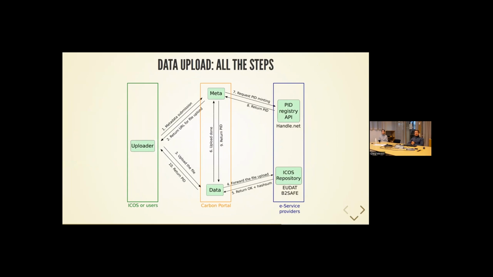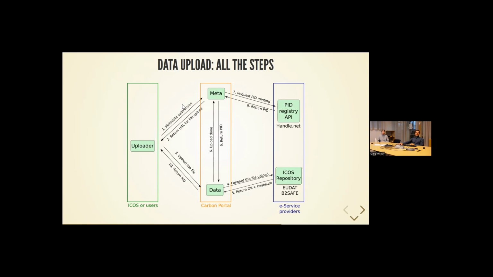Then one important collaboration activity within ICOS Cities that we anticipate is data upload. So here is a diagram showing how the data upload happens. There are many steps, as you can see, but most of them are performed for you by our machinery. So the uploader needs to do only two steps.